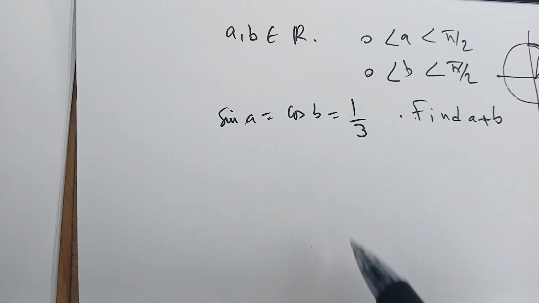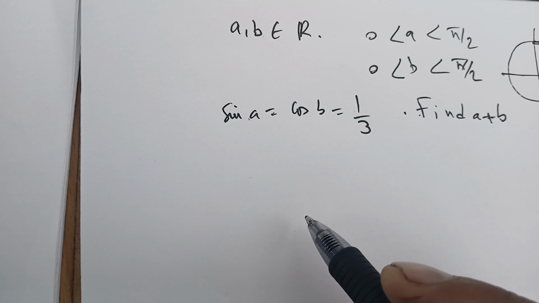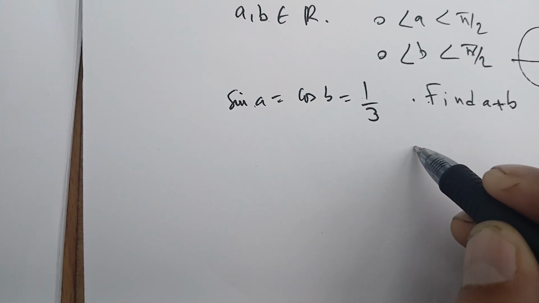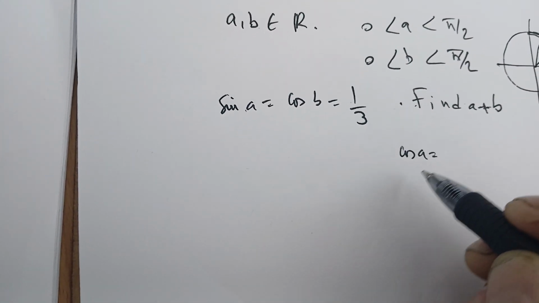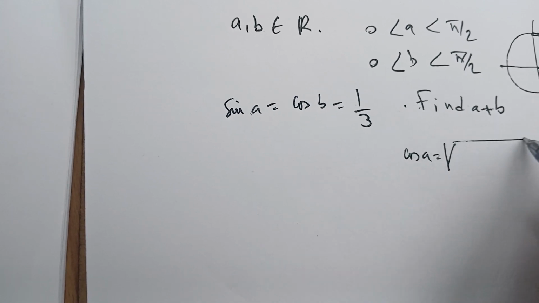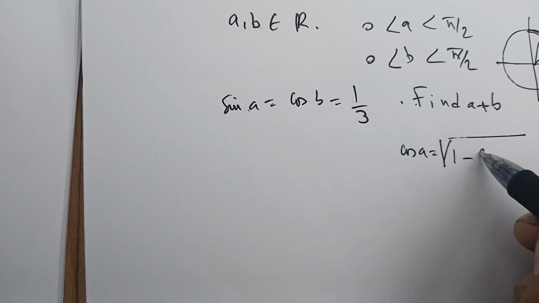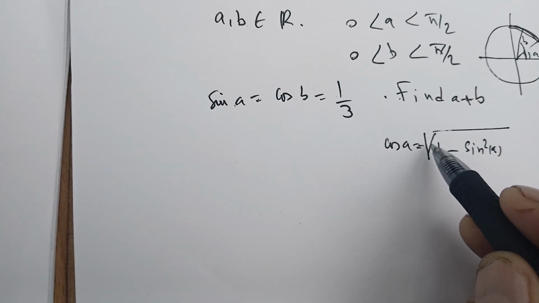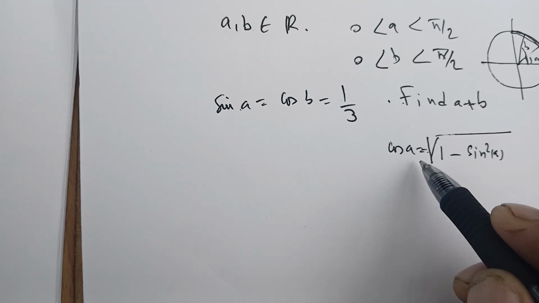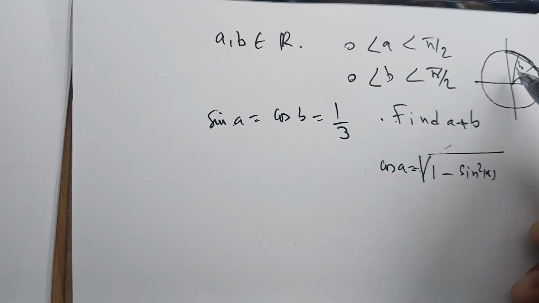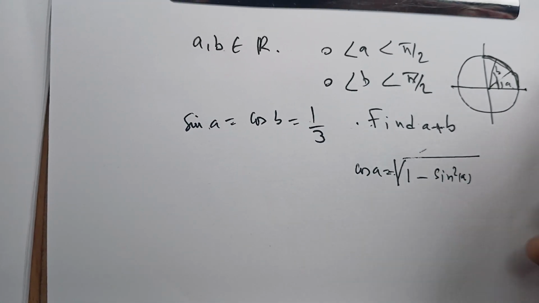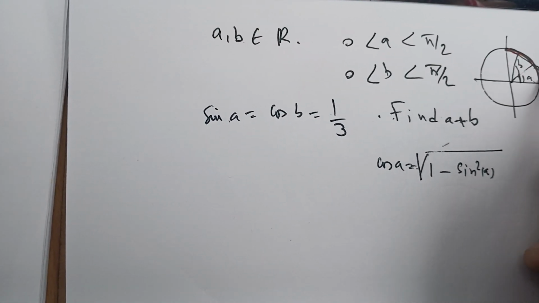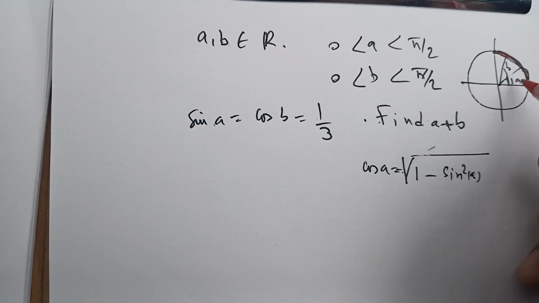But before we do anything, let's compute the cosine of A. Cosine of A is the square root of 1 minus sine squared of A. Why do we have only the plus sign? Because the angle here is between 0 and pi over 2, so the cosine is always positive.